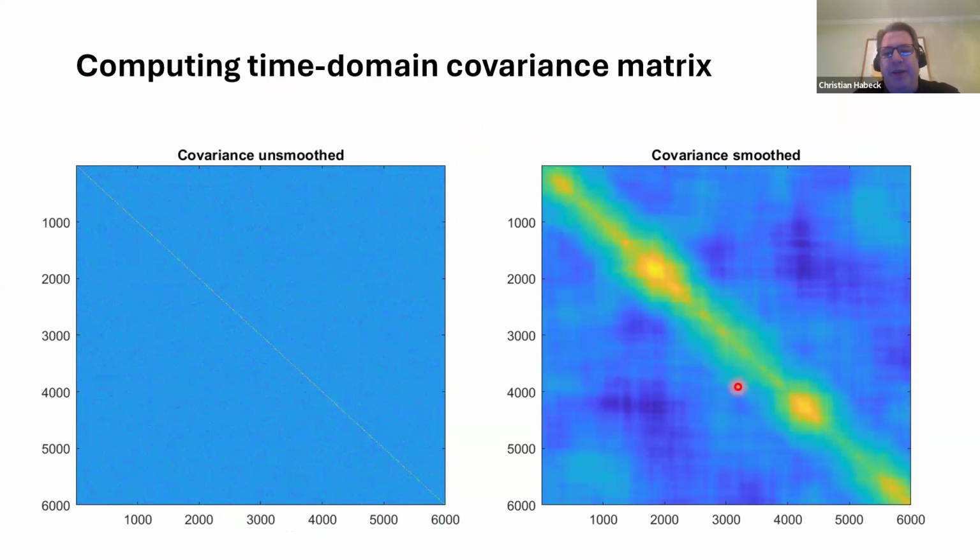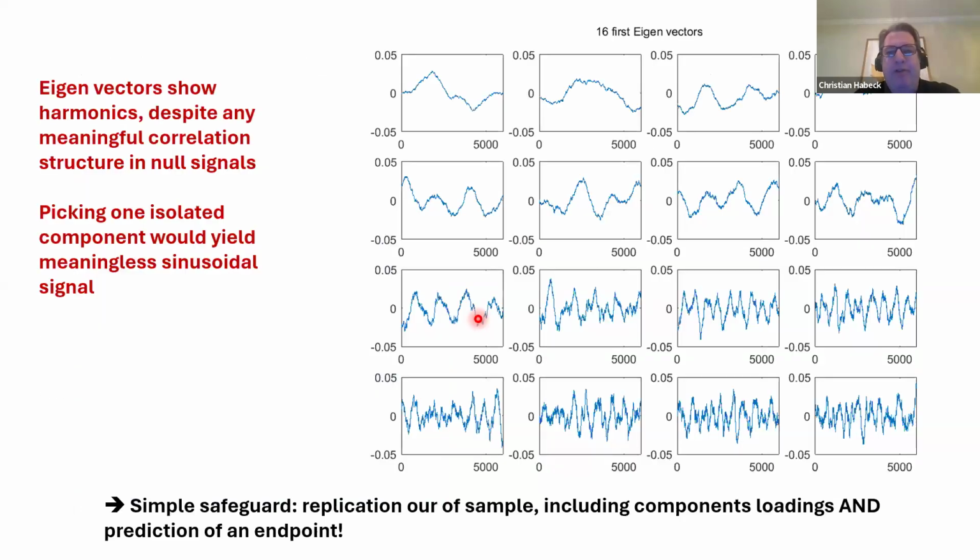Just by virtue of smoothing, we are finding some covariance. So you can find this sort of broad band here. And if you now do PCA, here I plotted the first 16. It's totally arbitrary, but they go in this kind of ordering, right? You can see that they almost look like harmonics, almost like a Fourier series.